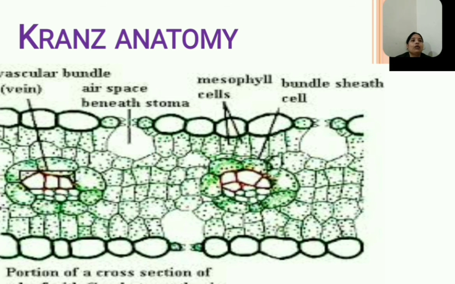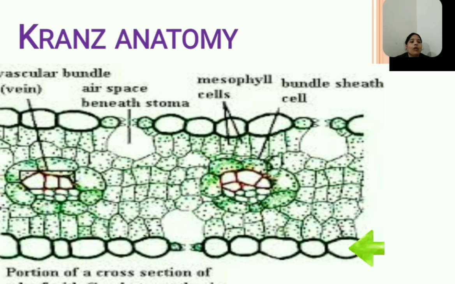Here at the center, two flower-like structures, and at the center made up of xylem and phloem, meaning vascular bundles. Surrounded by the vascular bundle, the flower-like structure is known as the bundle sheath cell, with agranal chloroplast present in bundle sheath cells.